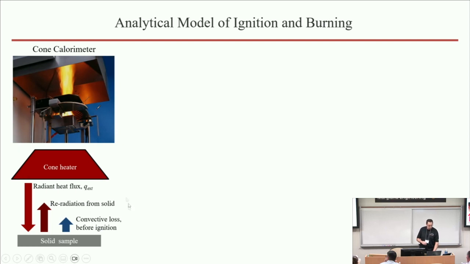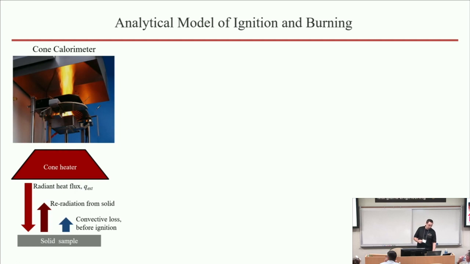If you look at the energy balance at the surface of the solid sample, it's qualitatively represented by the bottom diagram and shows you that you have the radiant heat flux from the cone heater, which typically simulates some distant fire. It's usually defined in units of watts or kilowatts per meter square. As the surface of the material starts to heat up, the cool air surrounding this material starts moving because of the buoyancy effect, and it starts cooling the surface away.